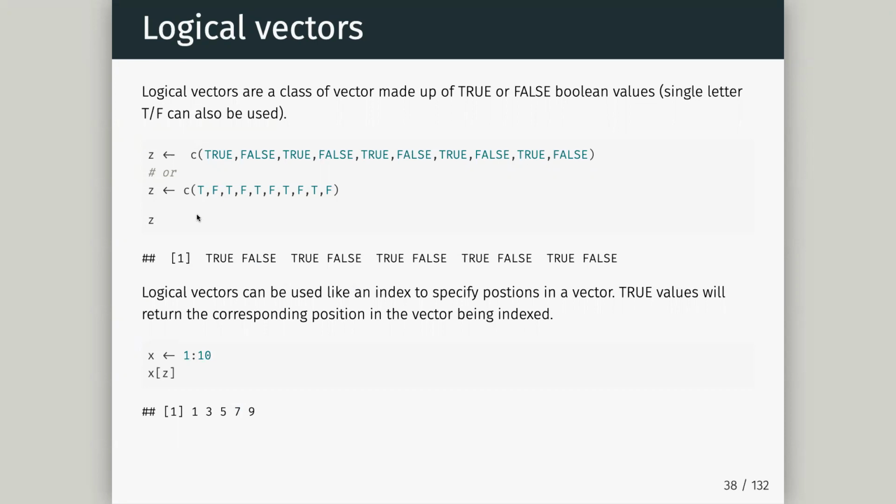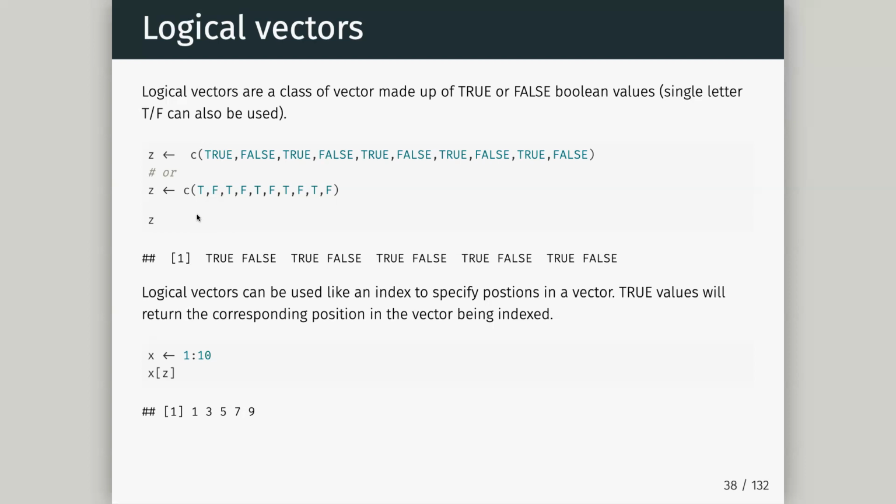So here we have true for the first value, false, true, false, alternating true and false. If I use this then to index our value X, you can see all the values where it said true are pulled out from X, and all the ones where it said false are dropped. That means we get the first, we get the third value, we get the fifth value, 7th value.